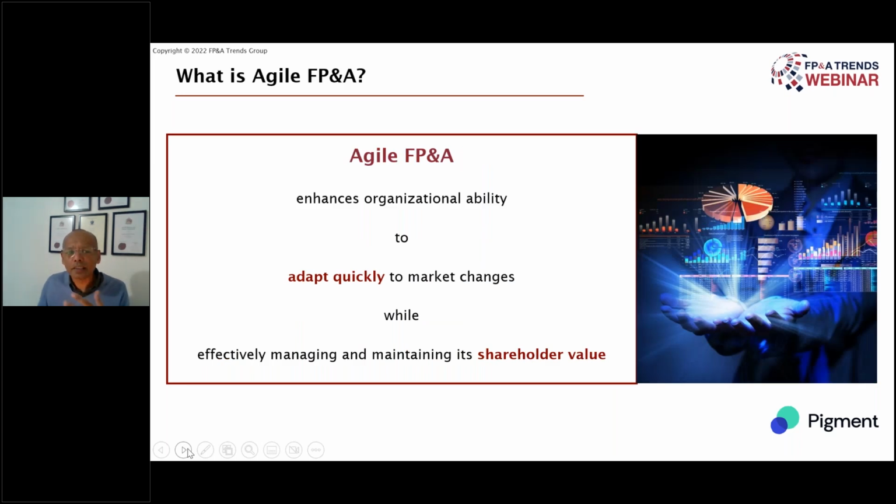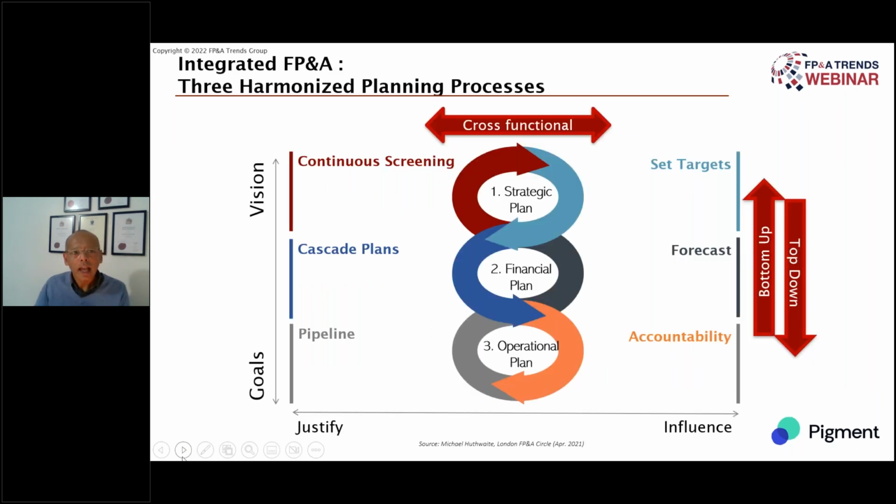How is it done? It is done through Agile FP&A. And again, we talk about adaptability, flexibility, at the same time as being able to manage and maintain shareholder value, if not grow shareholder value. And how do you do it? You do it via integrated FP&A.